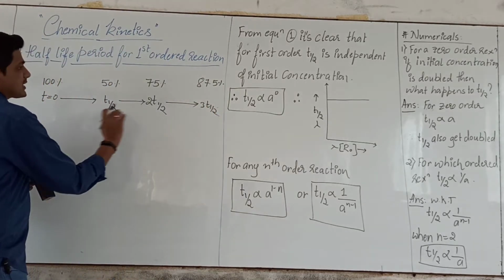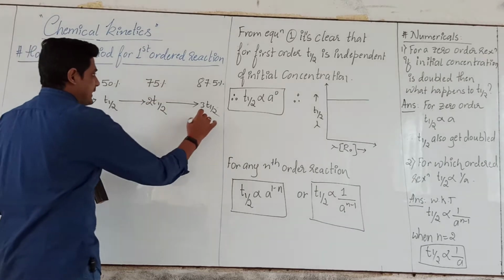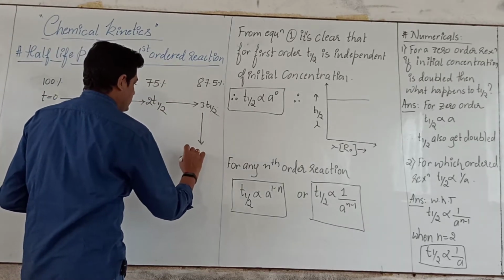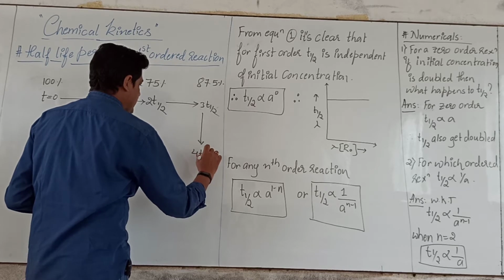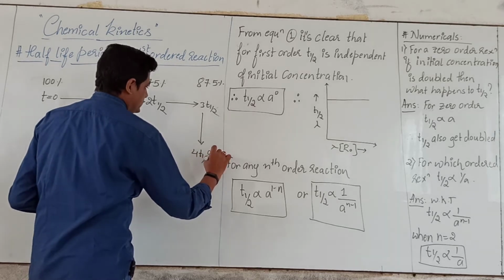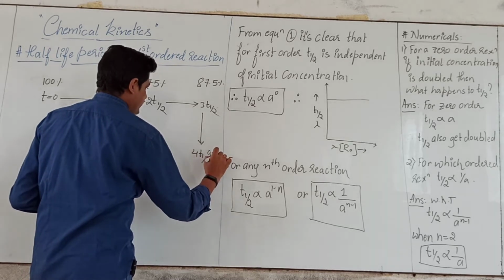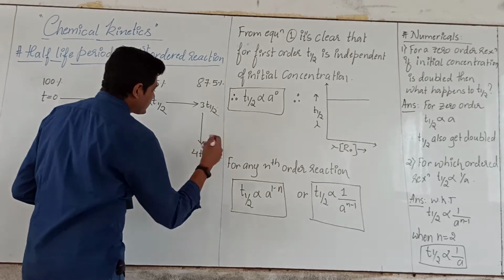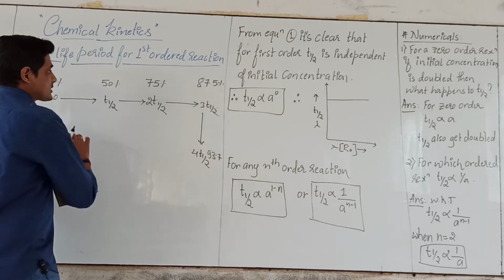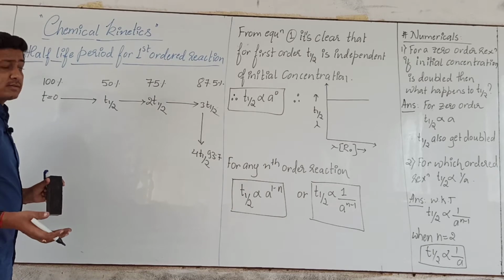Sometimes it will go on continuing like this. Next it will come to the fourth half-life, which will be 93.75 something. You have to remember this.